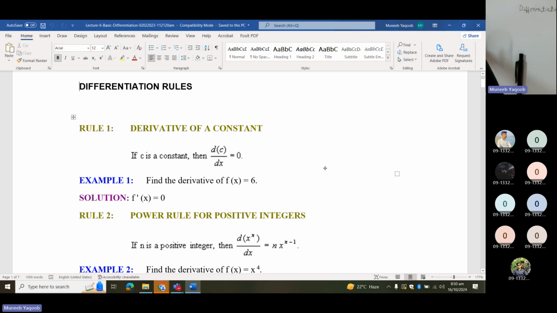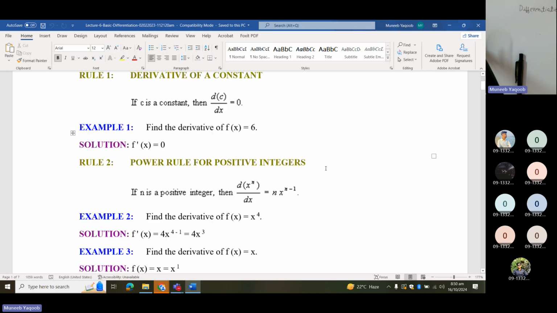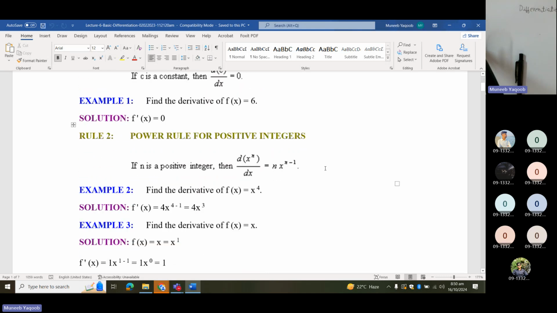Okay, now coming to rule number 2. Basically this rule is known as the power rule. What we do is calculate the derivative of x power n. The derivative of x power n is n times x power n minus 1. Like in example number 2, we need to calculate the derivative of f of x equals x power 4.